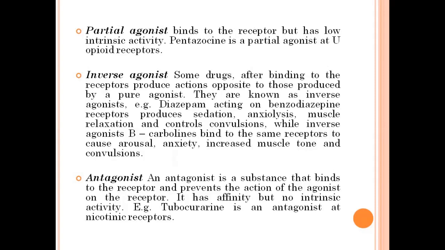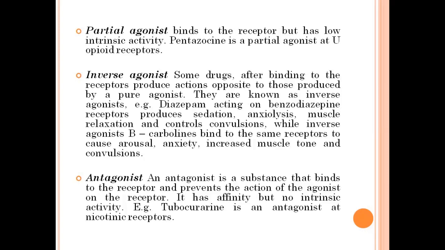Okay. So what is happening? It will produce the opposite reaction. Example, diazepam acting on benzodiazepine receptors produces sedation, anxiolysis, muscle relaxation and controls the convulsions, while the inverse agonists beta-carbolines bind to the same receptors to cause arousal, anxiety, increased muscle tone, and convulsions.